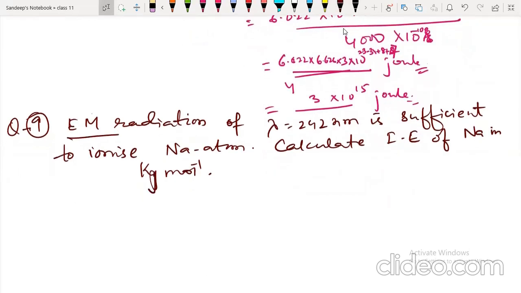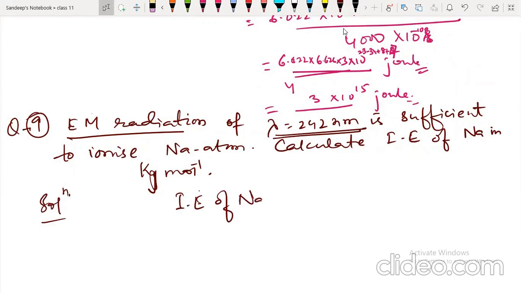How you will do? So they have given you the wavelength. So here you will do like this: ionization energy of sodium is equal to energy of photon you have to find out, and then you have to multiply with Avogadro number. Why you need to multiply with Avogadro number? Because per mole we are trying to find.